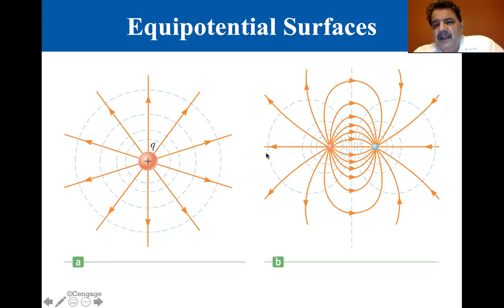And here in B we have a dipole, and you can see how these equipotential lines very near the center line connecting the two charges are spaced evenly.